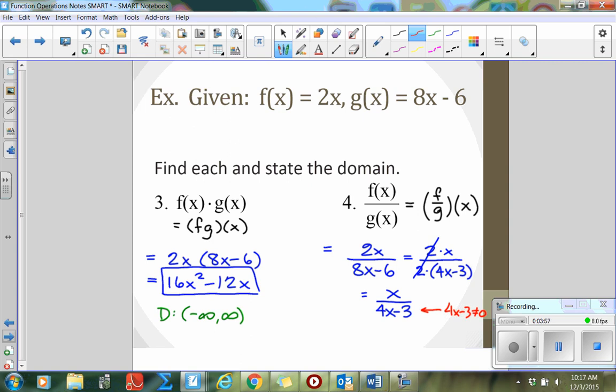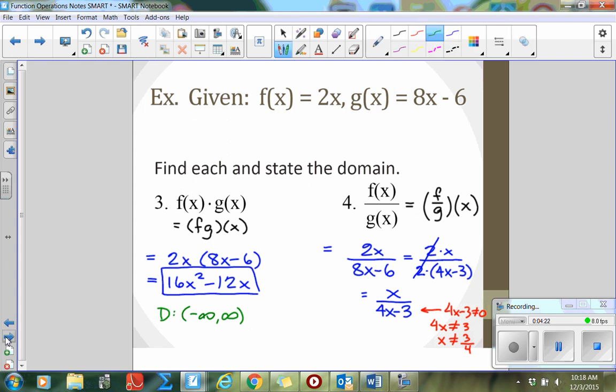So solve this inequation just like you would solve an equation. Add 3, divide by 4, and it tells us that the domain is no longer all real numbers. We have a domain restriction. The excluded value of the domain is 3/4.